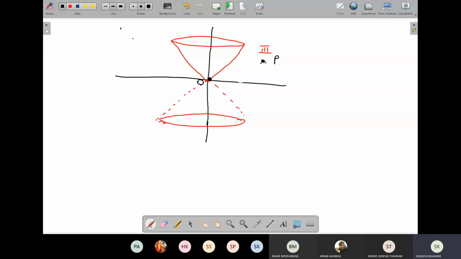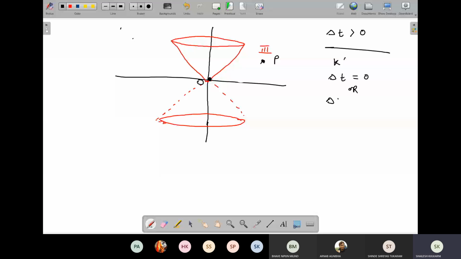Suppose delta t in this frame is greater than 0. I can always find a frame K prime in which delta t for the same event P is 0 or less than 0.